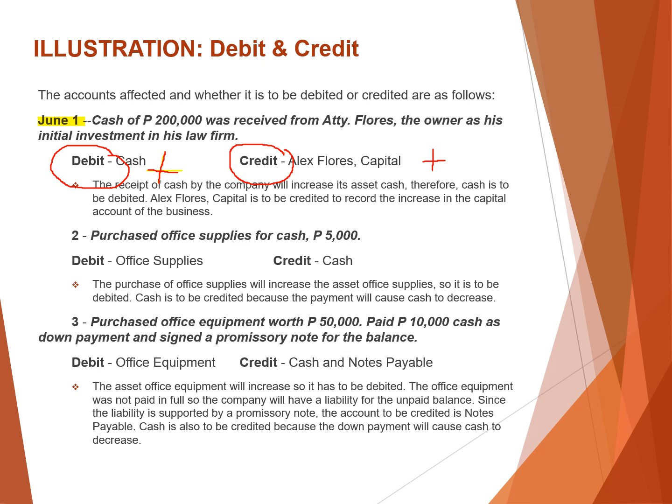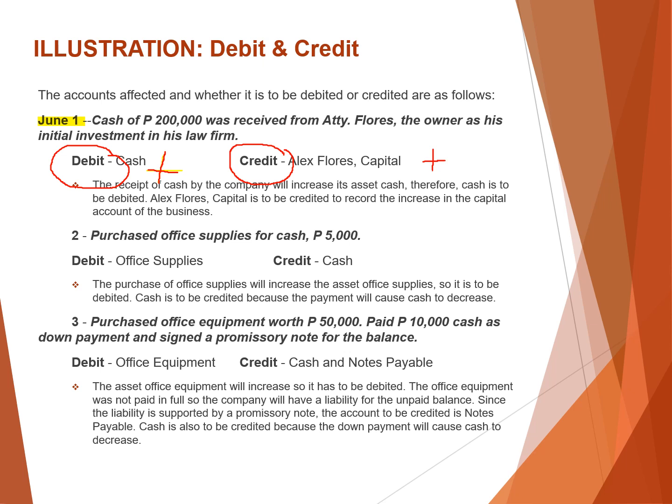The second one, purchase office supplies for cash. So, if you're going to analyze this transaction, it means that nagbayad ng cash in order to purchase office supplies. So, what is the effect on cash? Obviously, it is decrease. Kasi di ba, you paid for office supplies. So, that's why nabawasan ang cash mo. Okay? Now, anong binili mo?